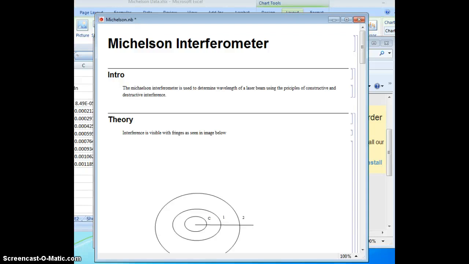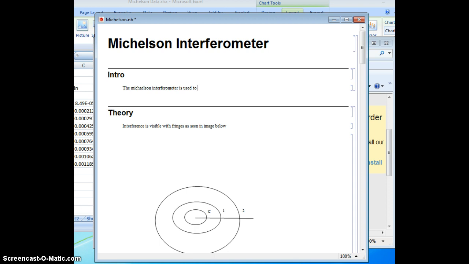All right, so this screencast is about the Michelson Interferometer Lab. In this lab, we used a Michelson interferometer not to determine the wavelength of a laser beam, but more so in order to determine the relationship between pressure and the index of refraction.